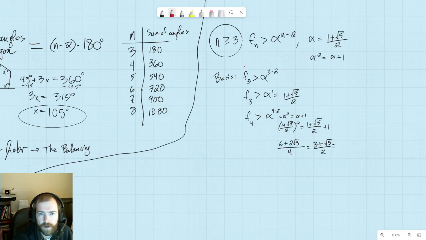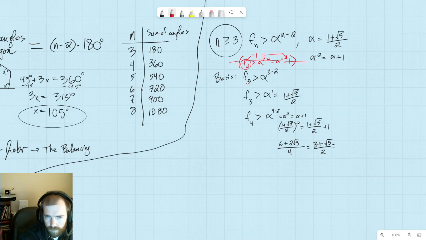So f sub 2 greater than alpha to the 2 minus 2, which is alpha to the 0, is 1, but Fibonacci sub 2 is equal to 1, so this would just not work for this formula, because we want it to be greater than. So basis step is going to be 1, 1, 2, and then 3 here.